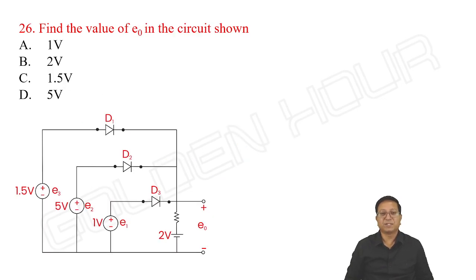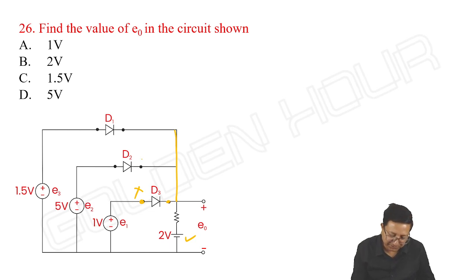Find the value of V0 in the circuit shown in the figure. Again, the same thing. Cathodes of all the diodes are at the same potential. All 3 cathodes are shorted, and here a 2 volt reference voltage is there. Coming to D1, its anode is connected to 1 volt and the cathode is going towards 2. It is not possible for D1 to conduct.